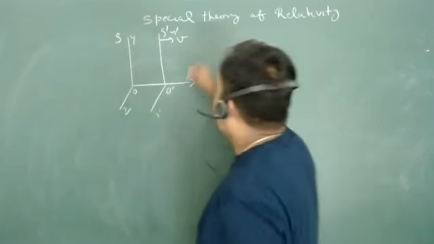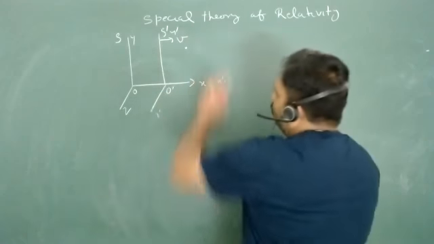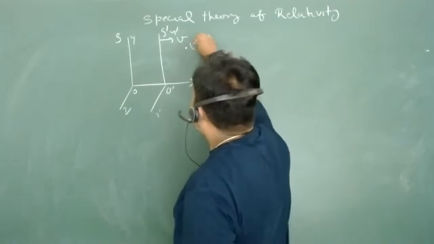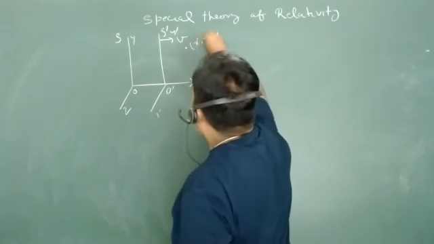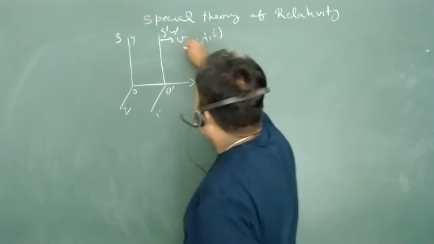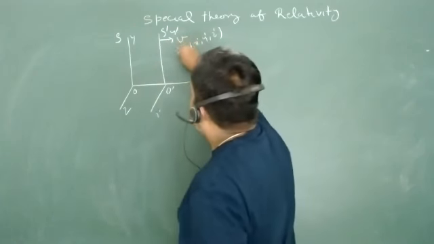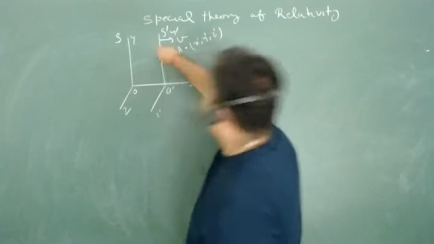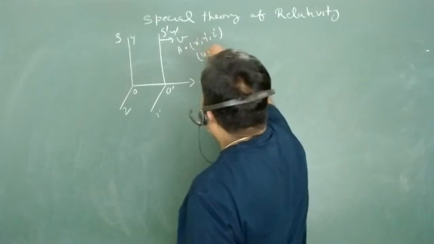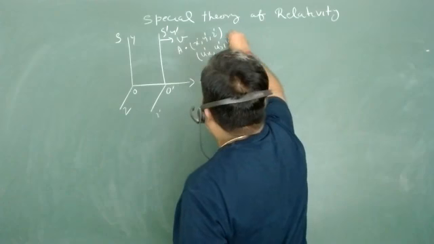Now, the story is entirely different. We have a point with respect to S dash, with coordinates x dash, y dash, z dash. Let's say this point is P, or let's say A. This point is moving with respect to S dash with velocity ux dash, uy dash, uz dash.